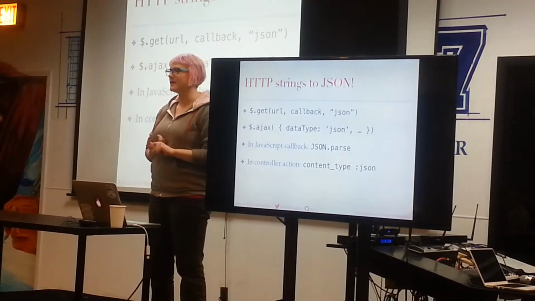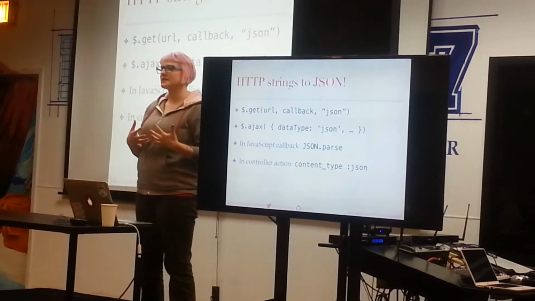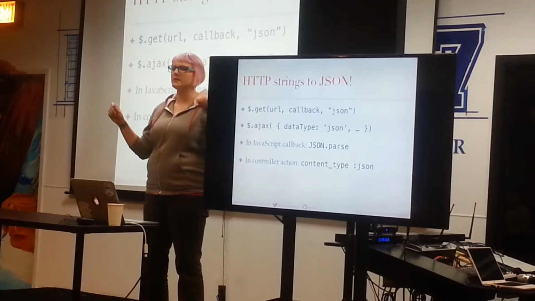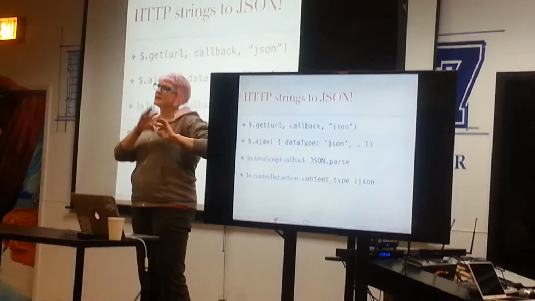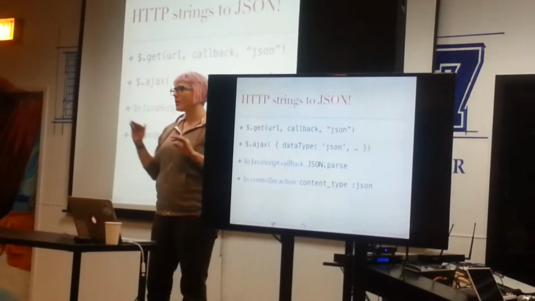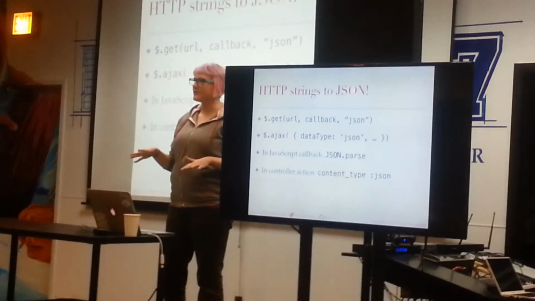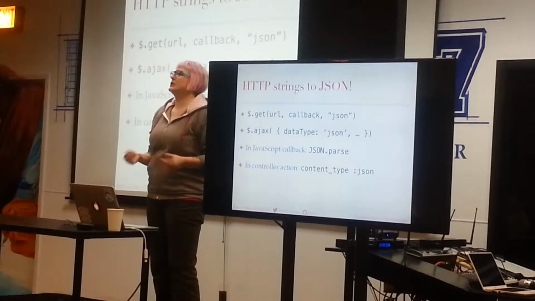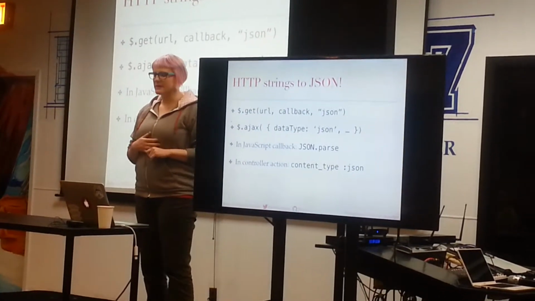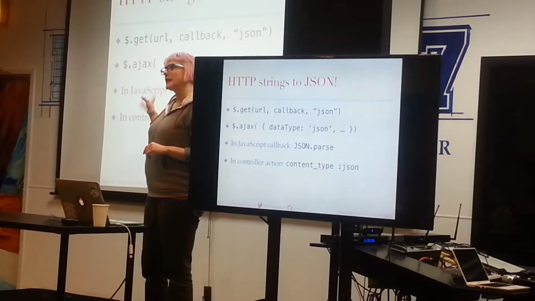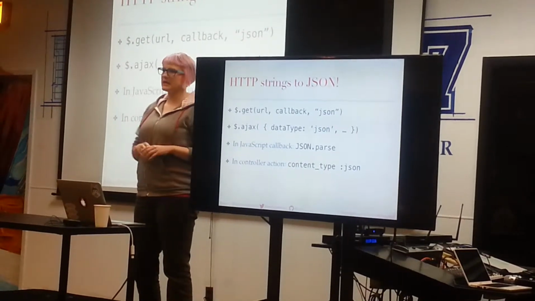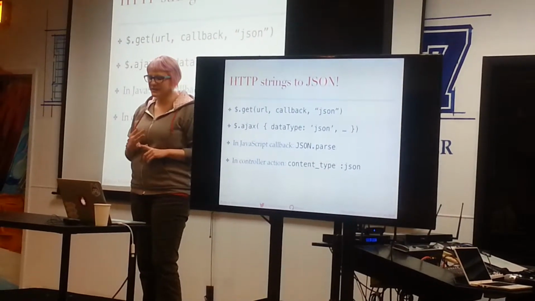Which is that HTTP is strings. So the response actually comes back as like a string, curly braces, and escaped quotes and stuff. But there's a couple ways for us to get around that and have it magically converted into a JSON object. There's a couple niceties that jQuery gives us using the get method or the AJAX method.